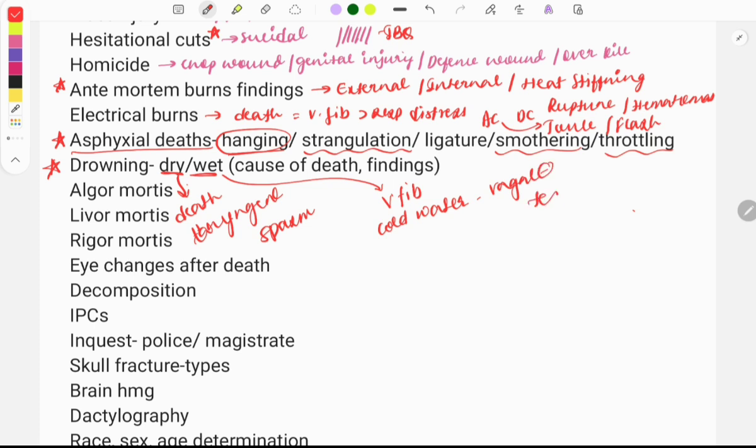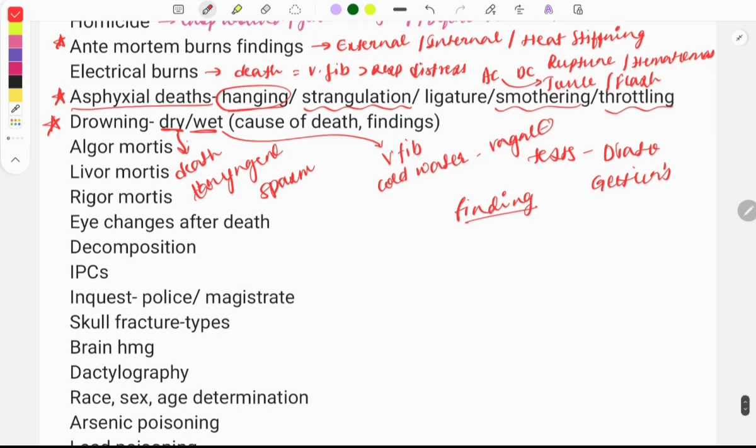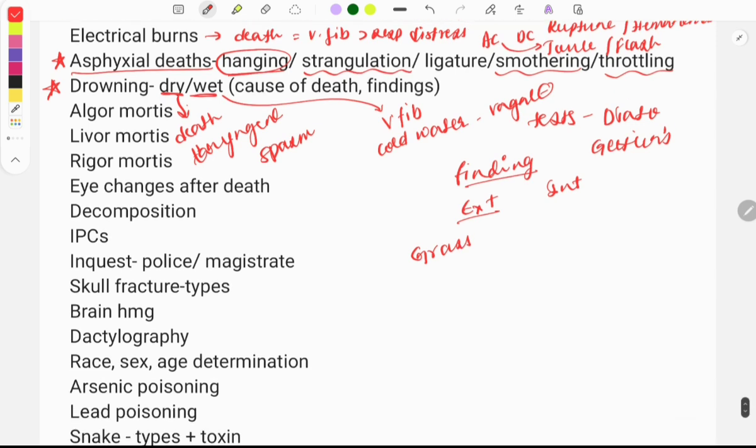And also there are certain tests done, like the diaphragm test and Gettler's test. So you need to know about these also. And the findings which you can see if a person died due to drowning can be external findings and internal findings. External means grass clenched in the hands, and there will be froth coming from the nostrils.